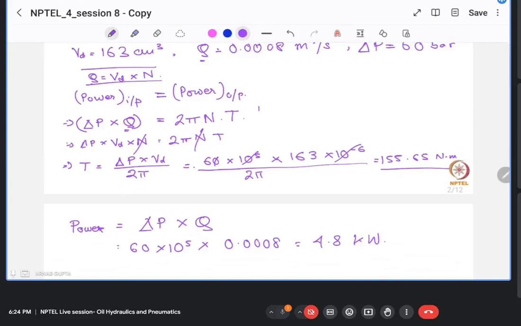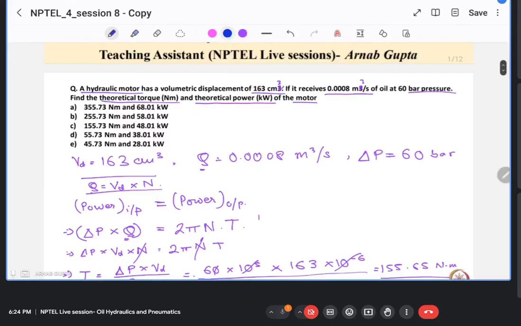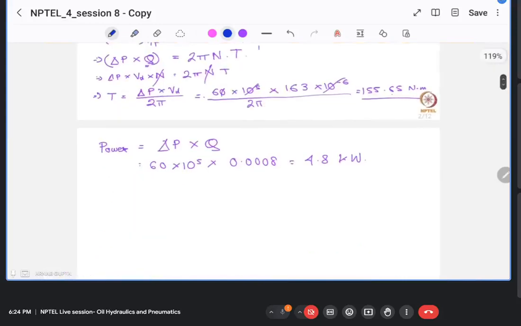Now you just check the options. 155.73 Newton meters, so that is close to 155.65, and 48.01 kilowatt. So there is some mistake, or else the answer is coming as 4.8 kilowatt.